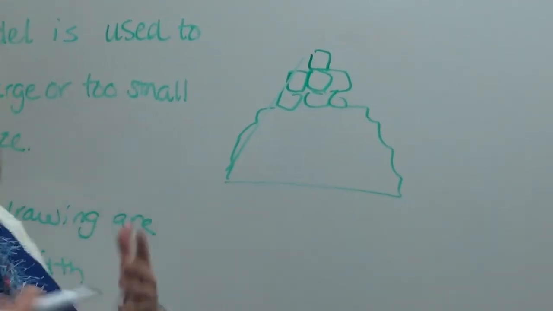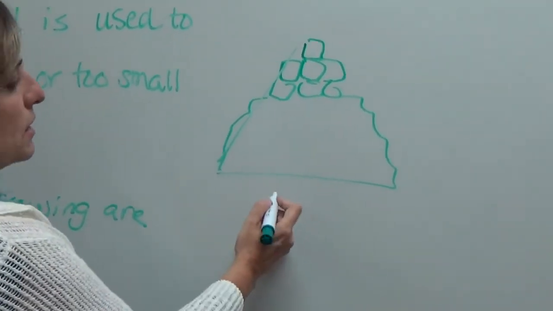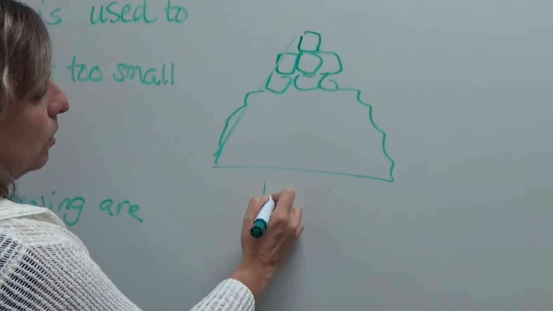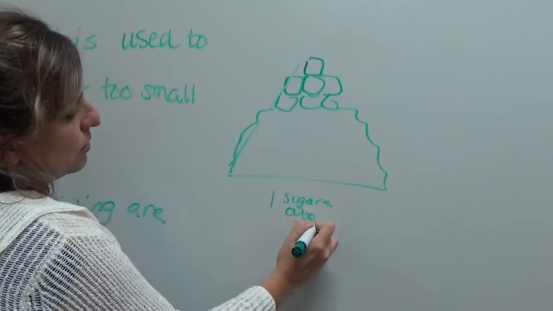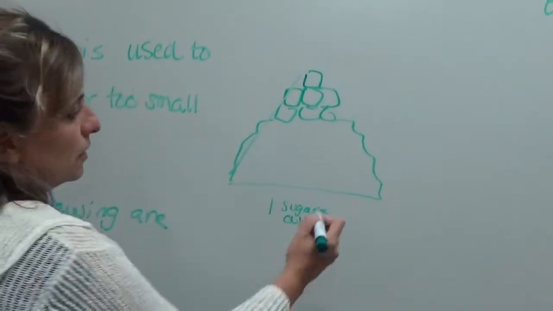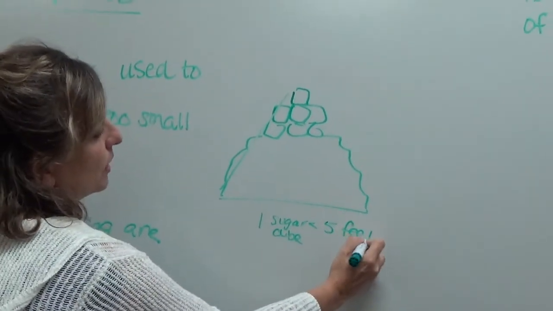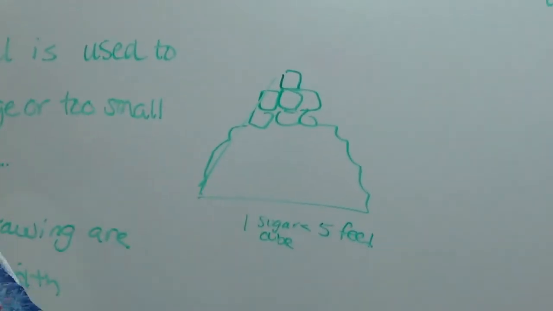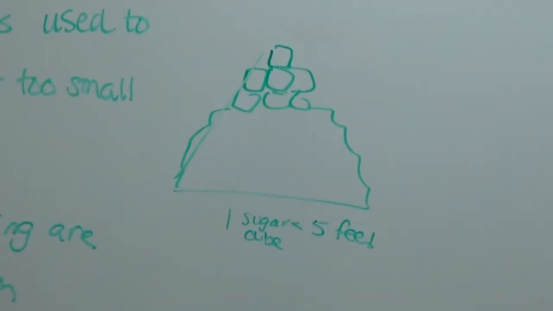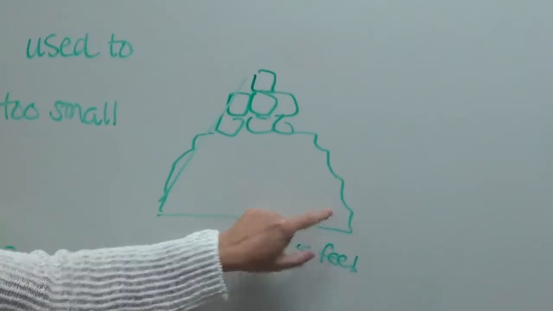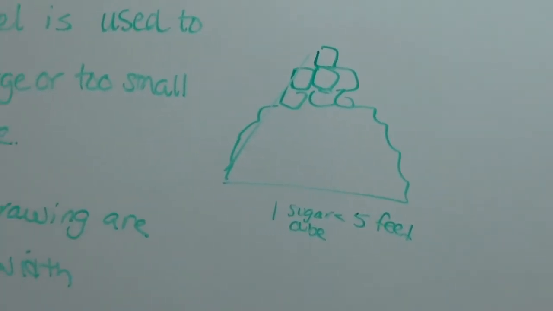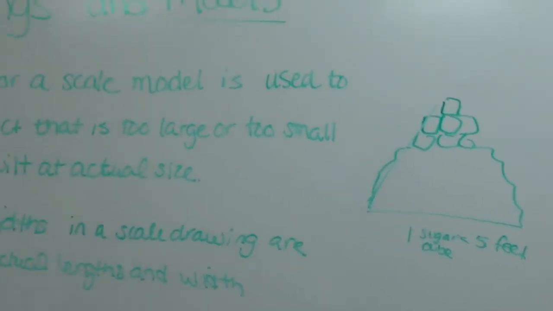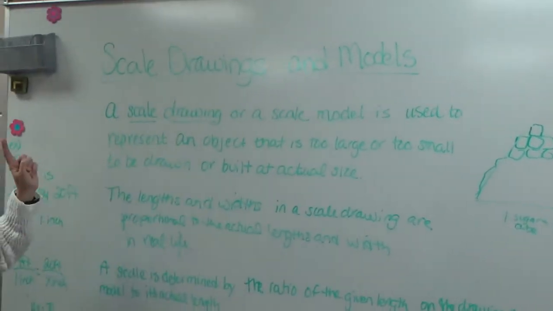Who knows what the actual size is, but if there was a scale to go with it, it would say 1 sugar cube equals, I don't know, 5 feet. Then you could figure out how many actual feet the Egyptian pyramid was. If you count up all the sugar cubes, you can figure out how big the pyramid is in real life.